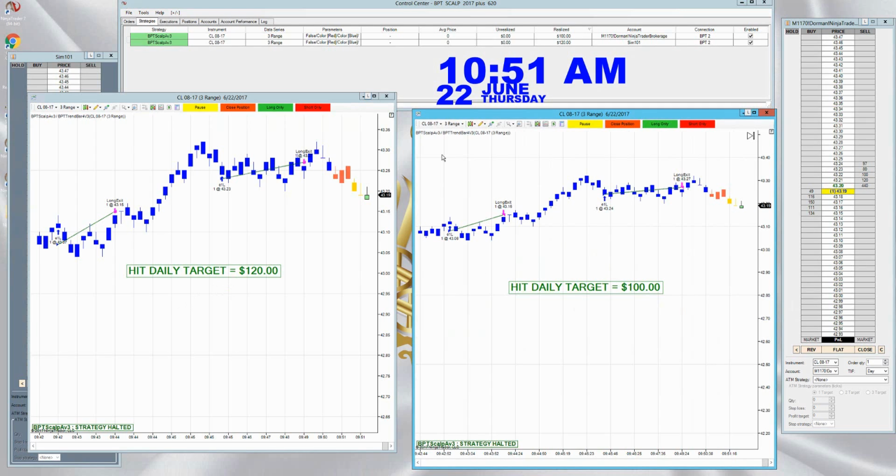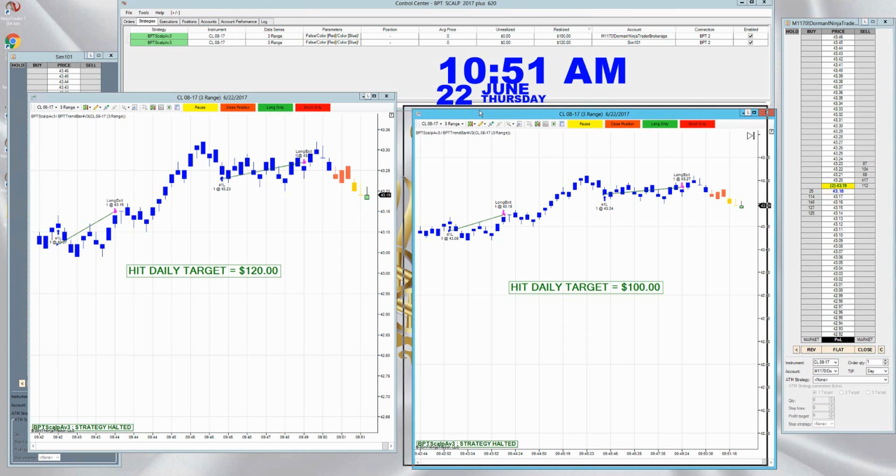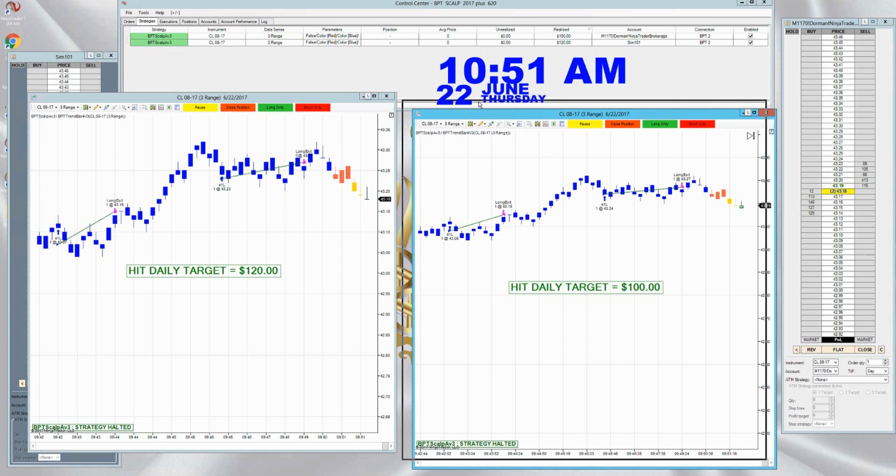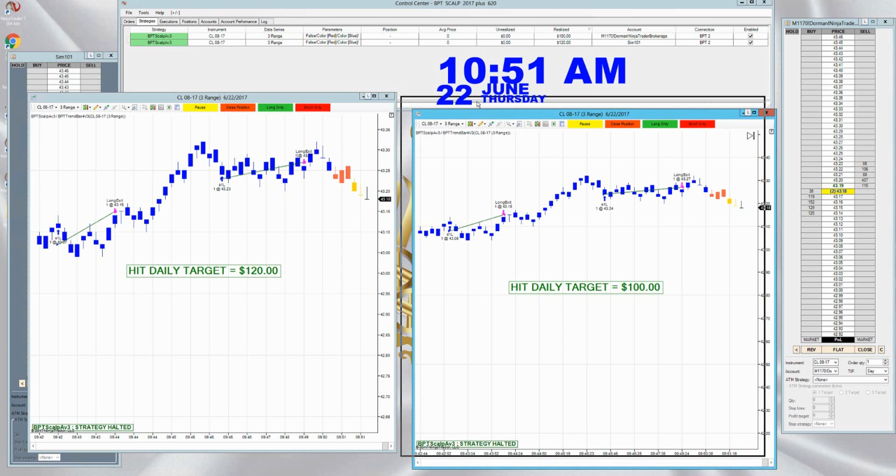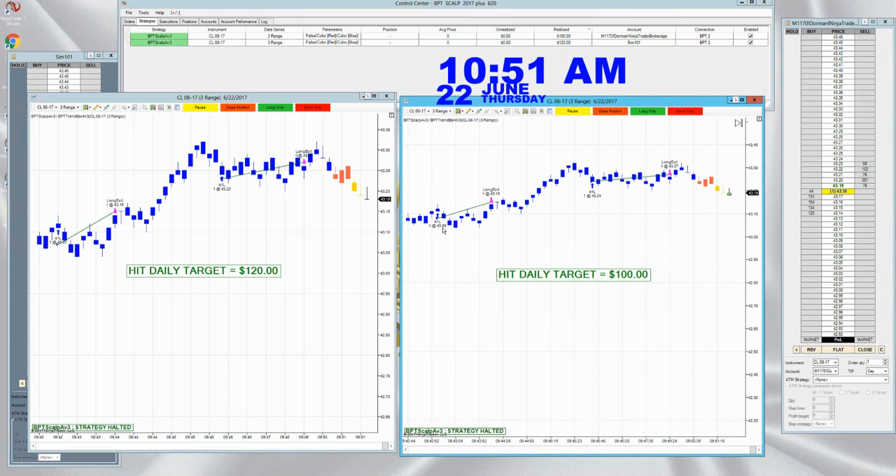If we look at those two earlier today at 10:51 exactly, if you look at the timer, you can see how the auto trade hit the target on both of them, but one of them hit $100 and the other one hit $120. I had a bunch of them on the CL, all of them on $100, and I'm sorry, that's all I could find.